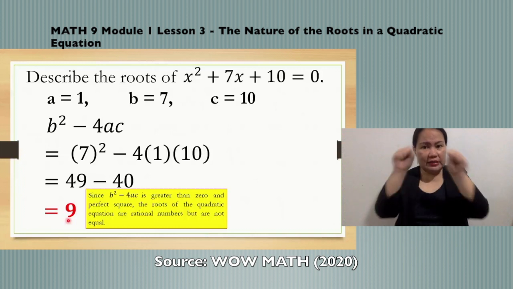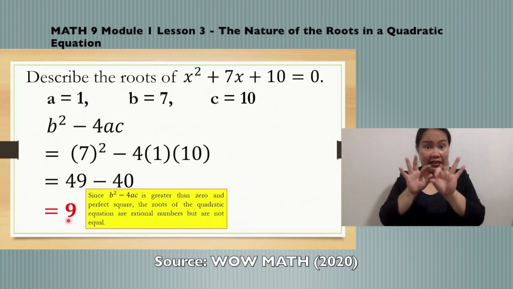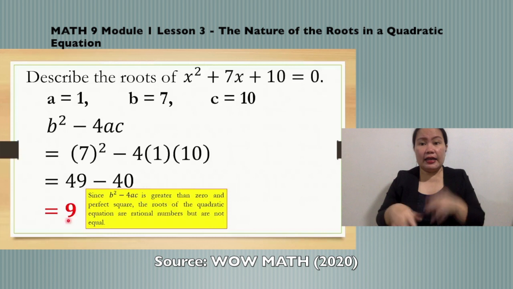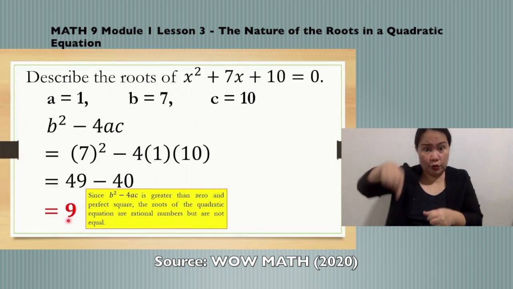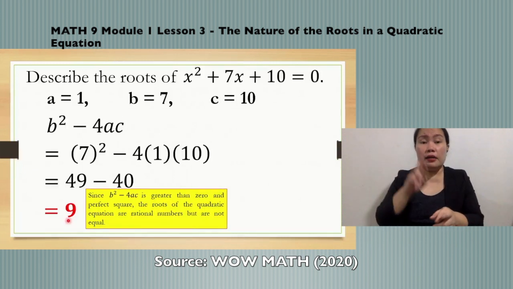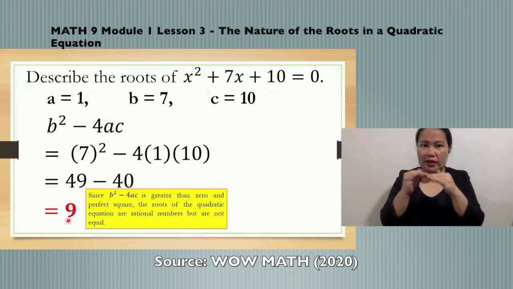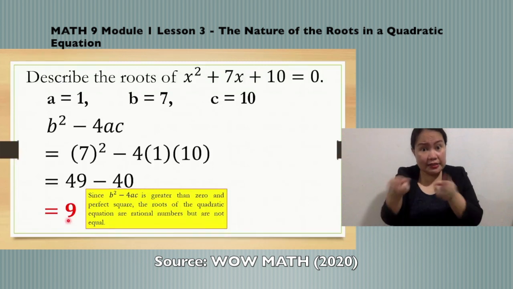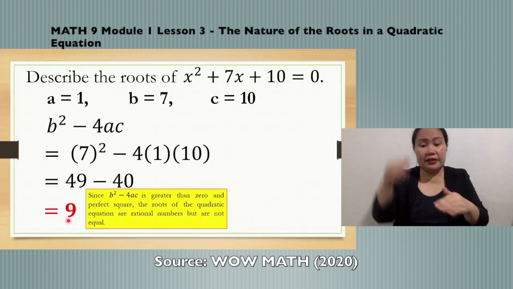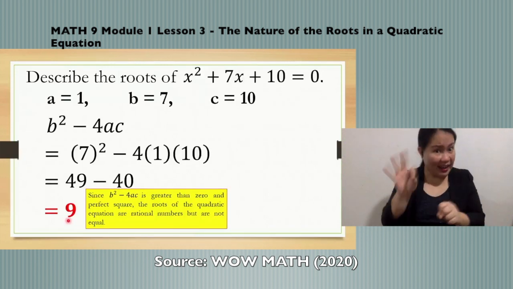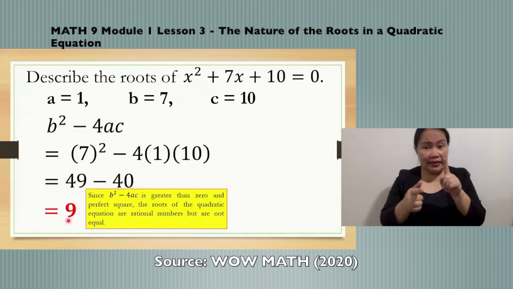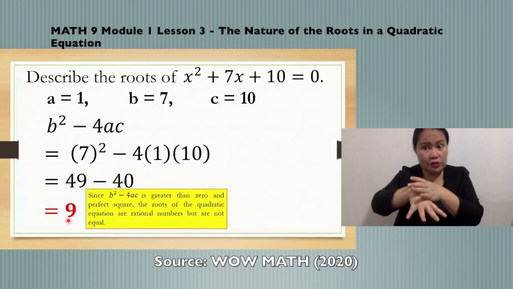So kagaya ng sinabi ko kanina, kapag ang result ay greater than 0 and a perfect square, the roots or the solution of the quadratic equation are rational numbers but not equal. Remember this. Ulitin ko, if the result is greater than 0 and it is a perfect square, the roots or the solution of the quadratic equation are rational and not equal.